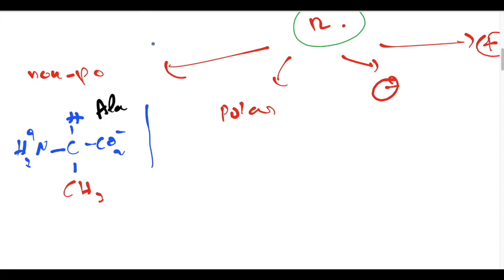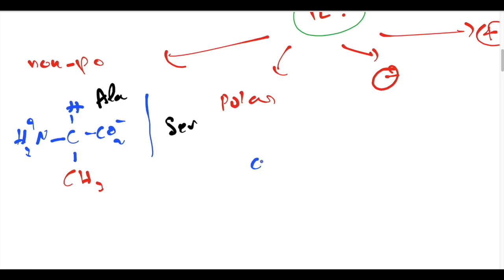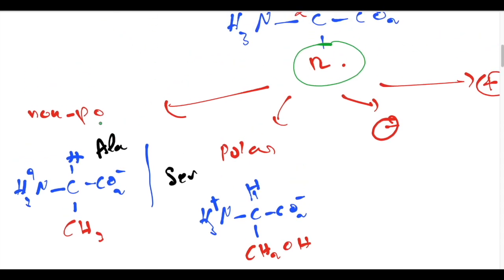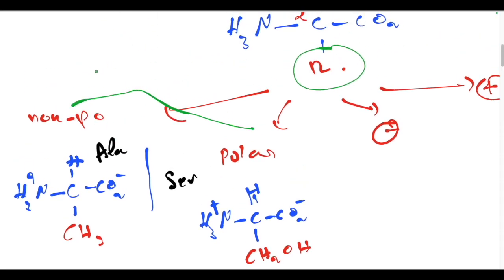Now we have the serine, an amino acid of this structure, and the CH2OH. So here we have a polar side chain which is uncharged. So both of these classes are uncharged.